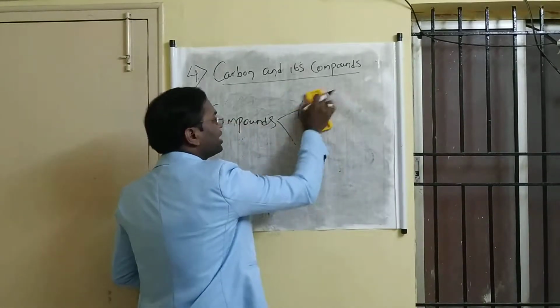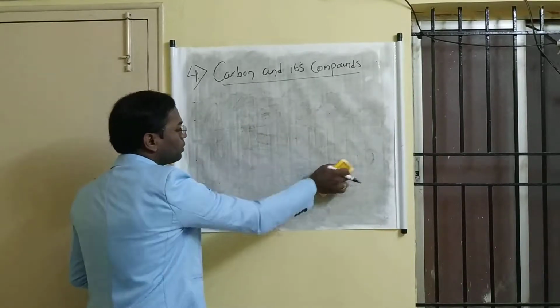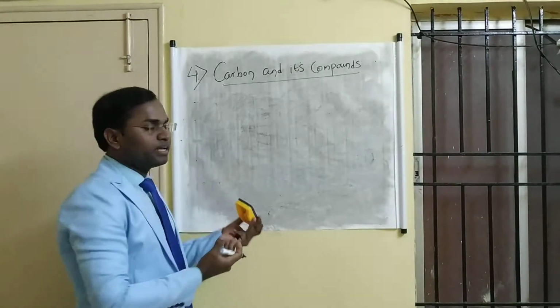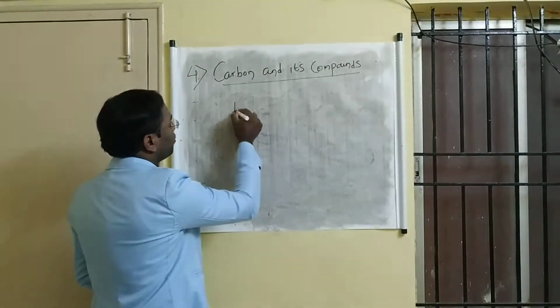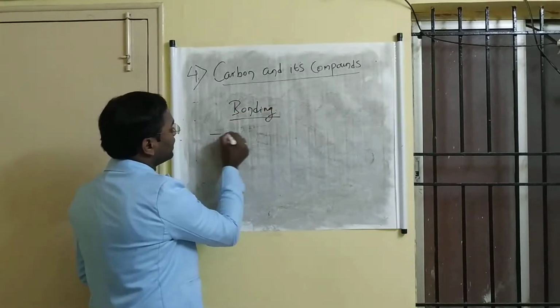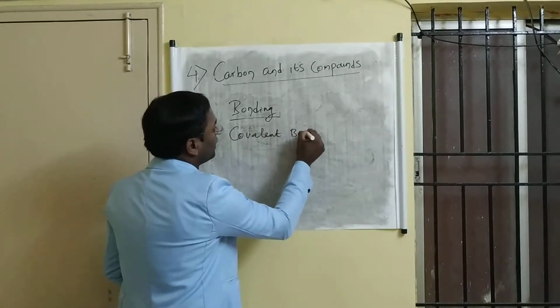Now, in order to understand the properties of carbon and its compounds, as I told you just now, we have to know about the bonding part. What type of bonding can exist in carbon and its compounds. So that is bonding. We can find covalent bond. Now what is a covalent bond?